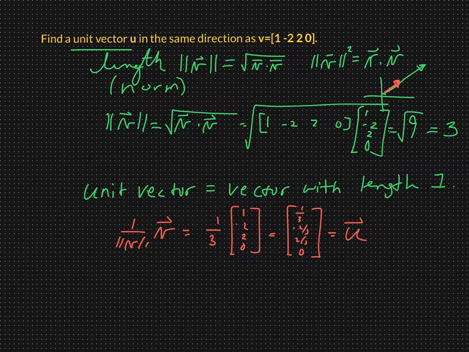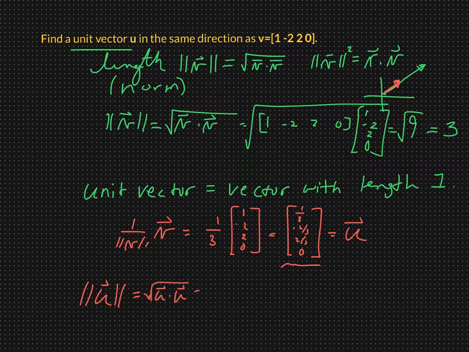And so just to verify that, u definitely has a length of 1. If we were to determine the length of u, it's the square root of u dot u.